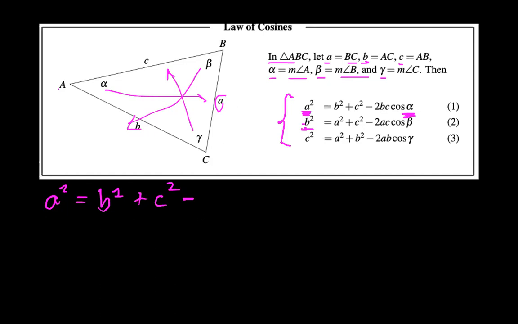So, according to the law of cosines, we need to subtract twice the product of the sides of the same side.